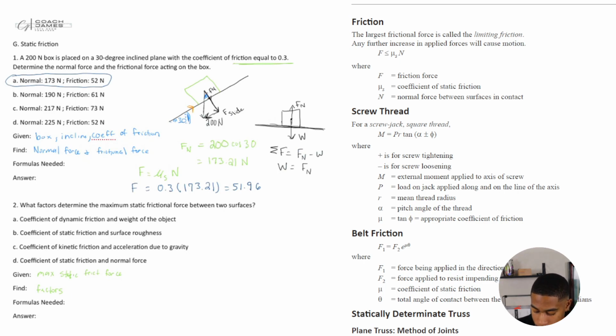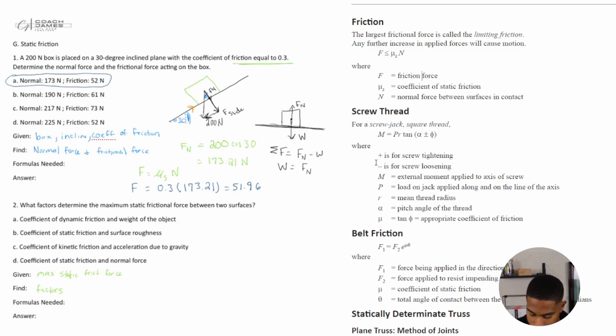Okay, so the coefficient of dynamic friction and weight of object. I'm still in the friction section, and I know that a friction force is determined by the coefficient of static friction and normal force.